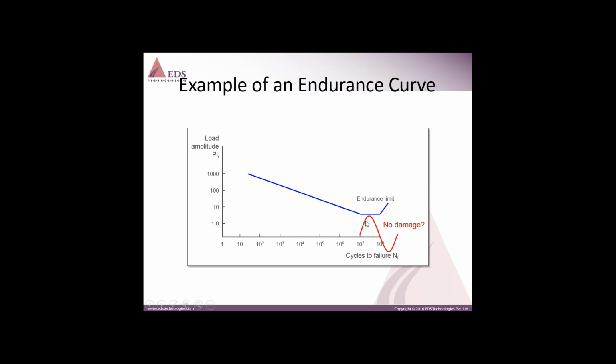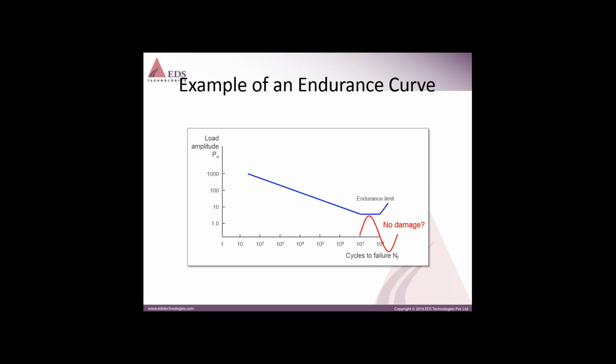This is your typical cycle, and you can see the load amplitude on the vertical axis. If you have a loading of magnitude which is less than 10, there is no damage to your model, and we call this point the endurance limit, below which the life becomes infinite.